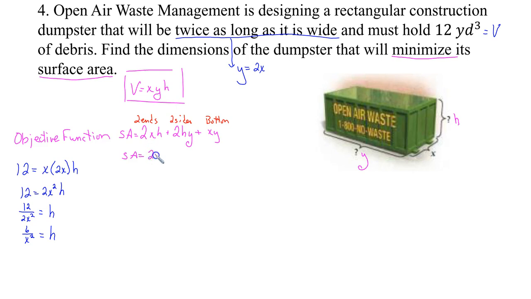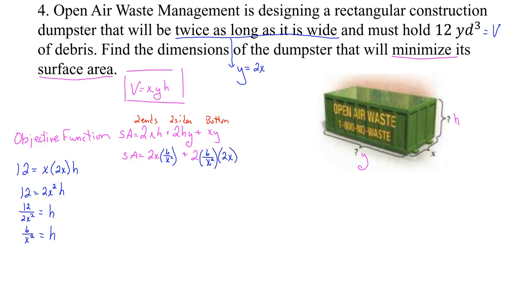I have 2x. In place of h, I'm going to substitute this expression that I have, which is 6 over x squared. And then I have plus 2 times, and in place of h again, I'm going to have 6 over x squared. And in place of y, I'm going to have 2x.